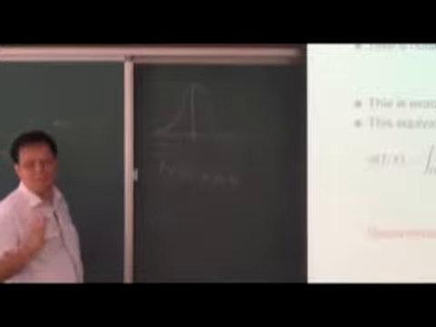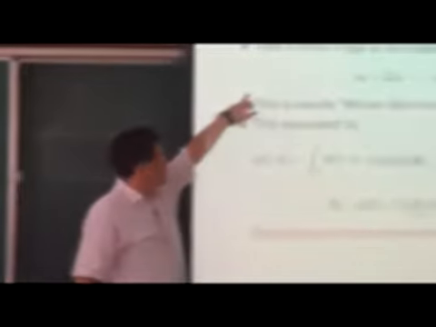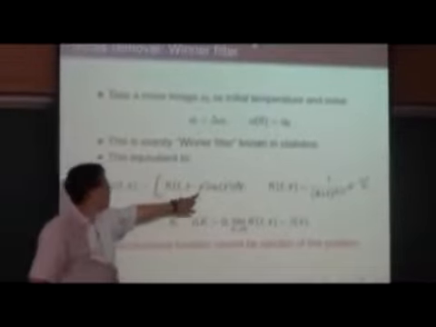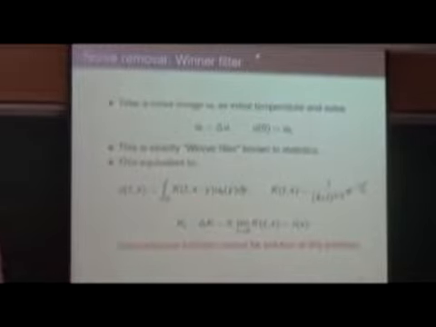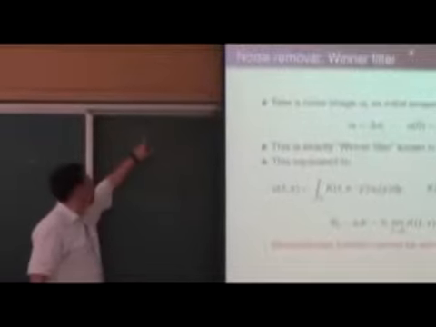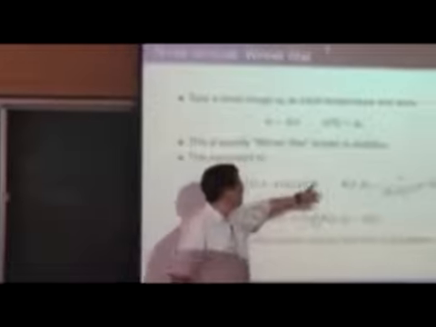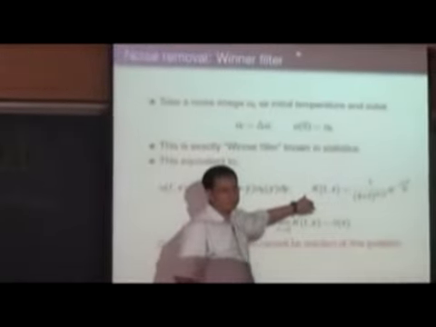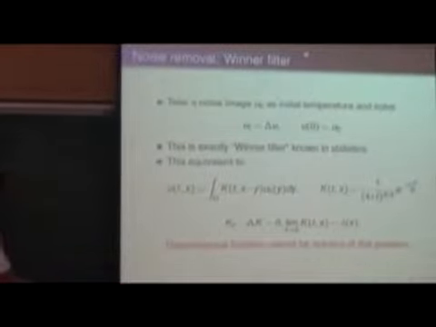It's an averaging process. You average your image. But when you do the averaging, the maximum weighting is here, and getting a little bit away, the weighting is smaller. The integral of this one is always equal to 1, so it's an averaging process, and this converges to a delta function.